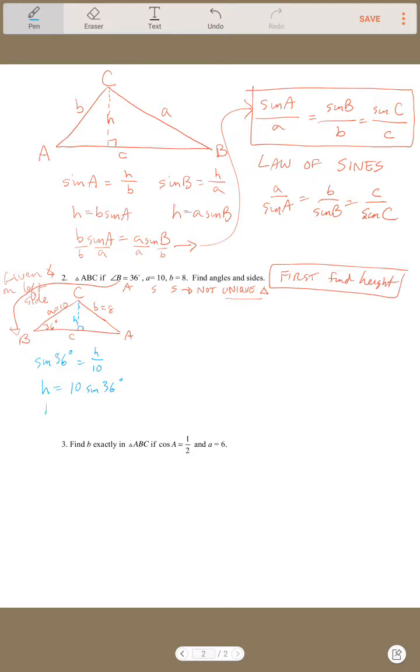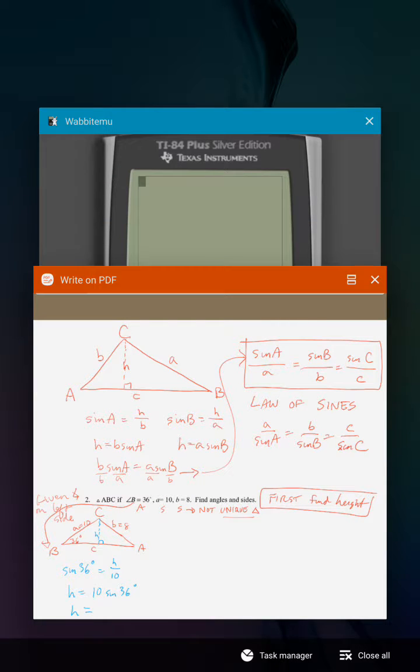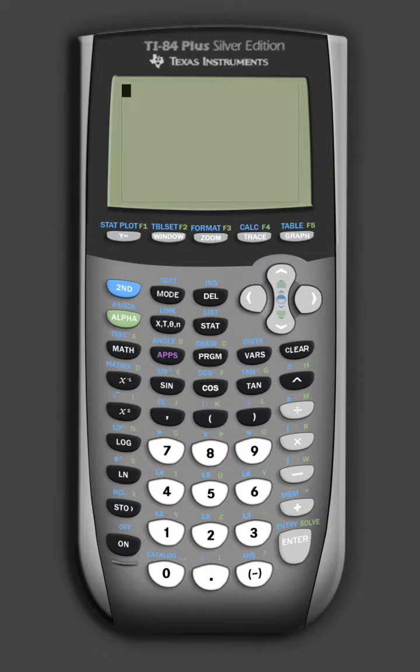Let's calculate what that height is. I'm going to pull out our calculator. Go ahead and get your calculator out as well. We're going to do 10 sine of 36 degrees, and we get a height of 5.877, or 5.88.